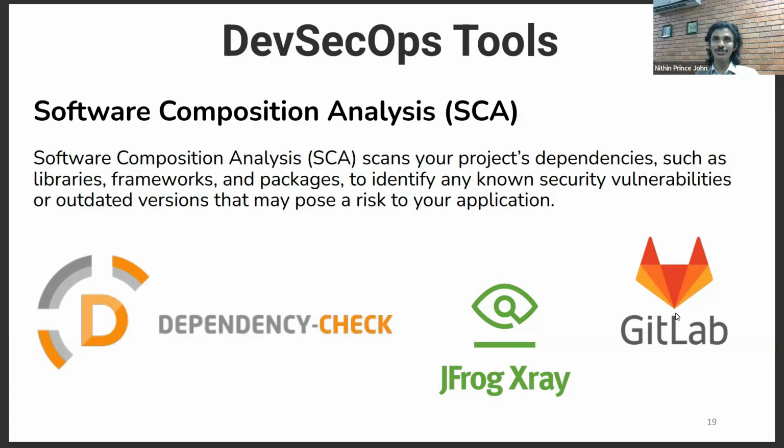Think like that, if you are using an outdated version, and if that outdated version of that particular library is vulnerable, then we need to upgrade that library to the higher version. At the same time, we need to check that our source code will not break, right? So these are the things that we need to consider there. So software composition analysis can be used for that particular purpose.